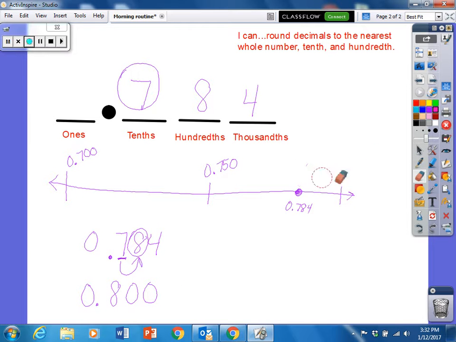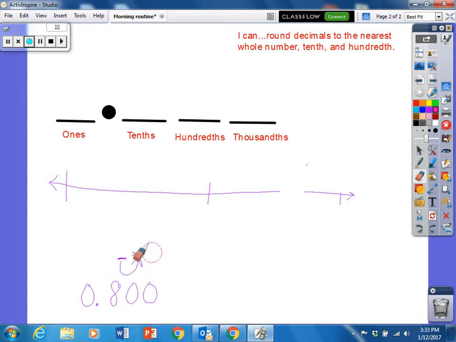Let's try another one. Okay, let's try rounding to the nearest hundredths. So let's do 426 thousandths. And again, I'll just put my 0 placeholder in the ones place.